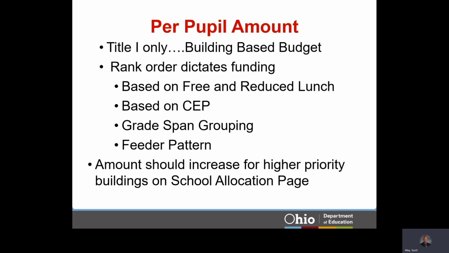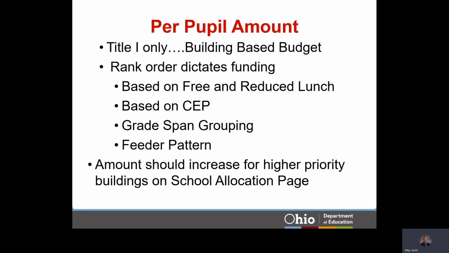Let's talk about Title I PPA and building eligibility. The building eligibility page determines the rank order for the school allocation PPA amounts. Districts can rank buildings by poverty level or by grade spans according to how the district wants to prioritize services for buildings in their district.